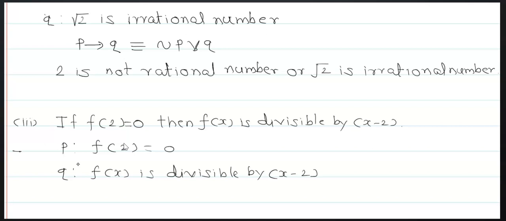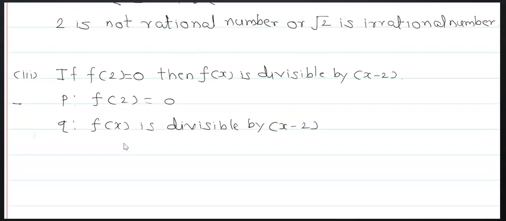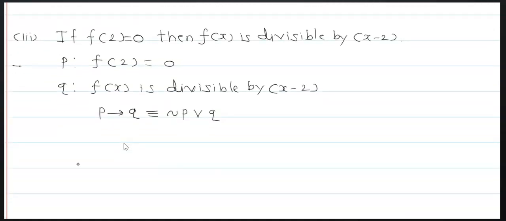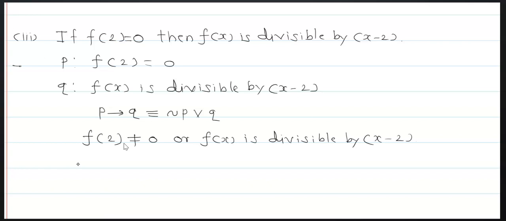Now here P implies Q is equivalent to negation of P or Q. Therefore, f of 2 is not equals to 0, or f of x is divisible by x minus 2.